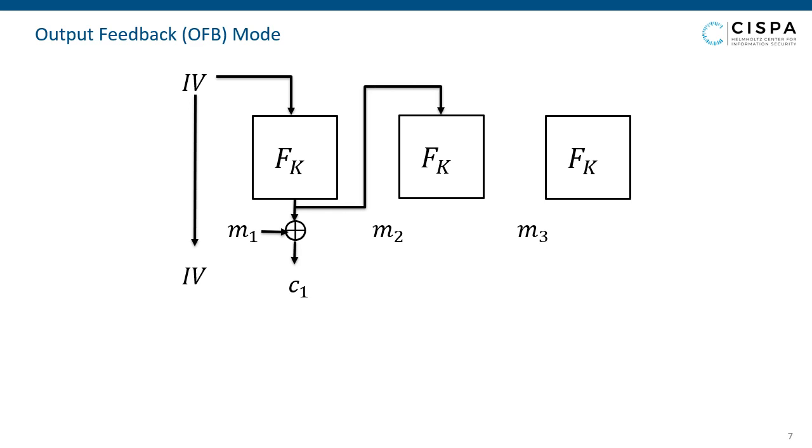Now we don't feed back the ciphertext C1, but the output of the block cipher FK and do the whole thing again. Now, again, the output is XORed onto M2, obtaining a ciphertext block C2, and so forth.